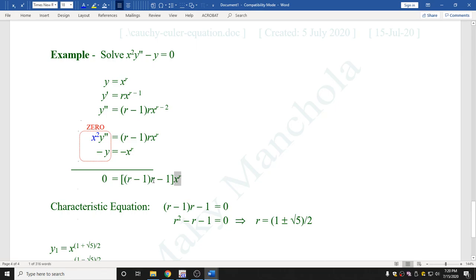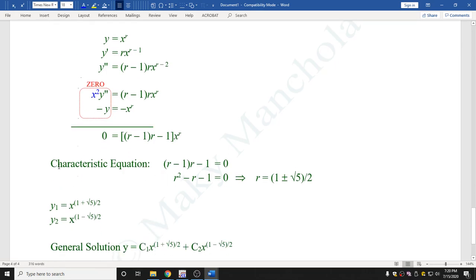If we distribute, we end up with r squared minus r minus 1. That has to be 0 because x to the r cannot be 0. That's our characteristic equation, which is r squared minus r minus 1 equals 0.